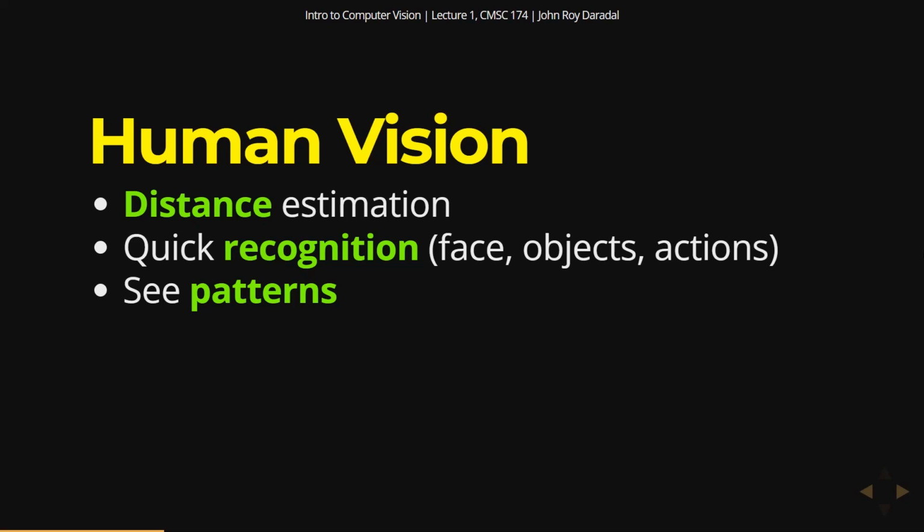And then because of this pattern recognition, we sometimes also do this to clouds. I don't know if you have done this, but for example, you see a cloud that looks like maybe a rabbit, or a cloud that looks like a heart.